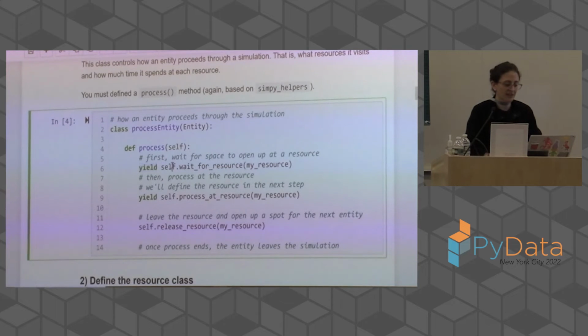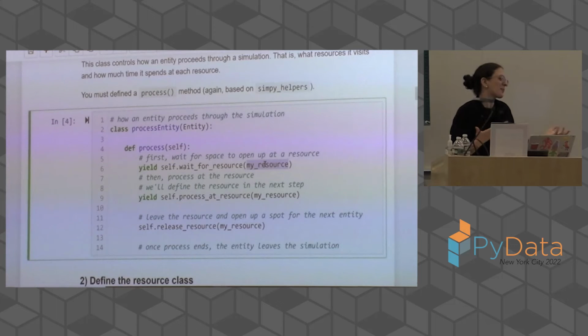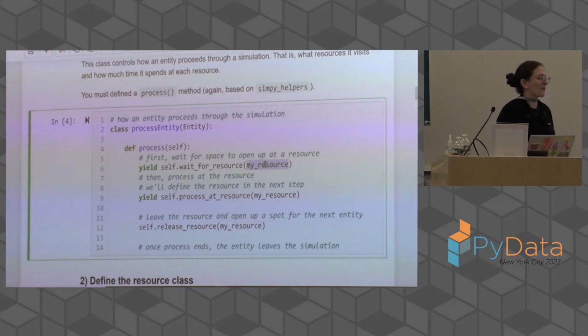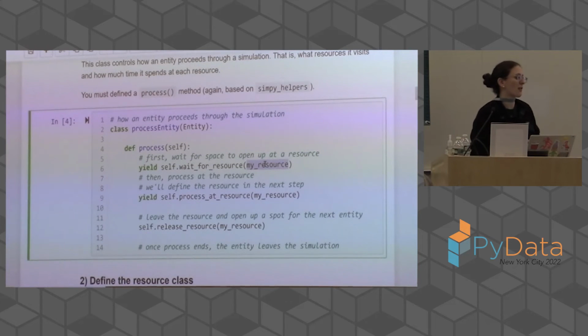So we're going to yield self, of course, that's just the way that we can reference our object, and wait for the resource. My resource, we're going to define in the next step, but first, why not do it in this order, just to talk about the way that we're going to process the entity first. And so my resource, we will define in a moment, but the first thing we're going to do is wait for the resource.